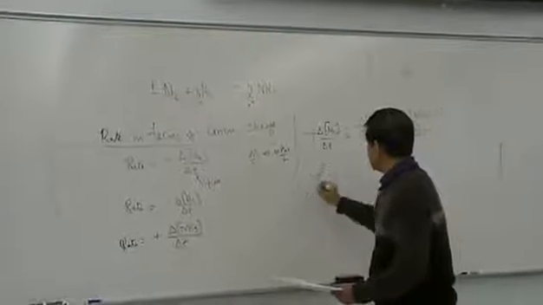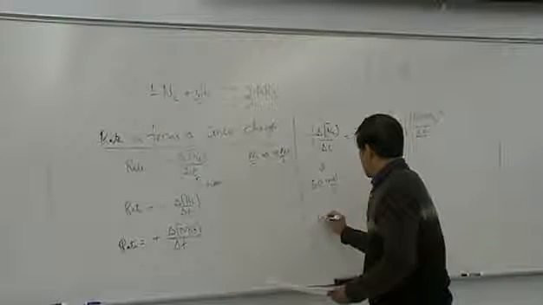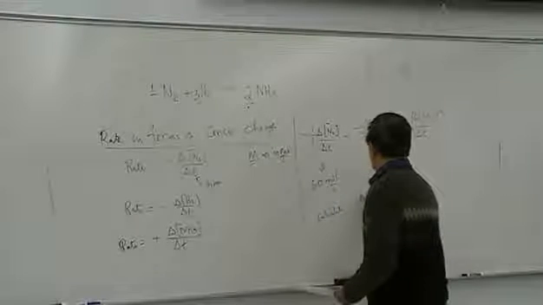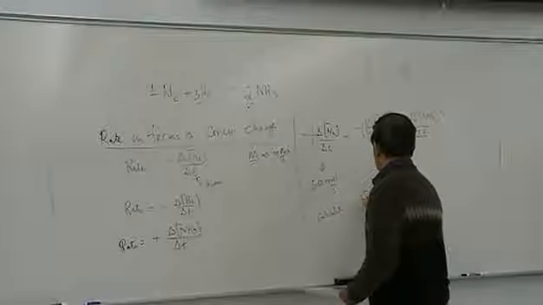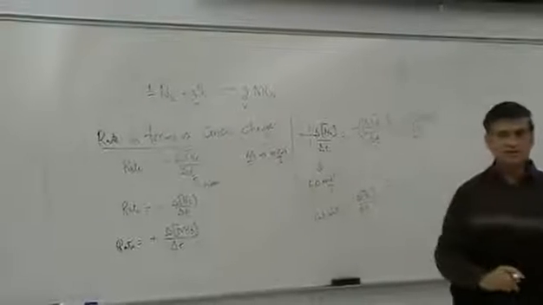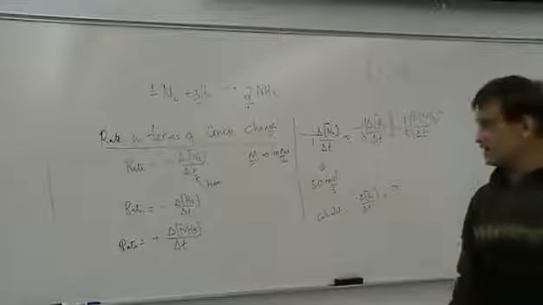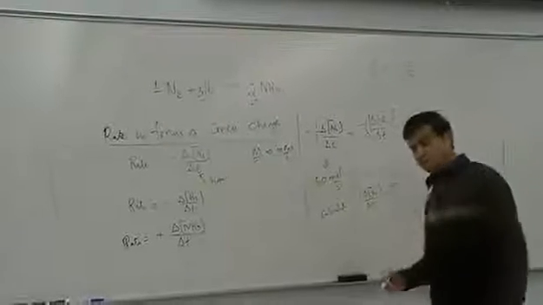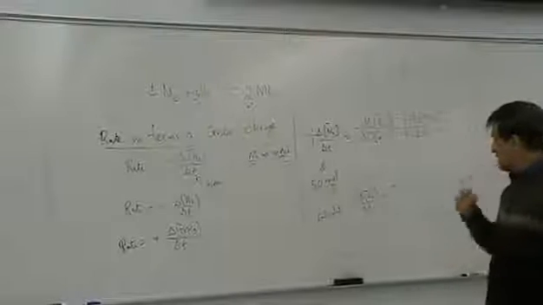So if I know this rate, how can I calculate rate of disappearance of hydrogen? Question like this would be on the test and also in homework problem. I mean, you should do some of those problems.